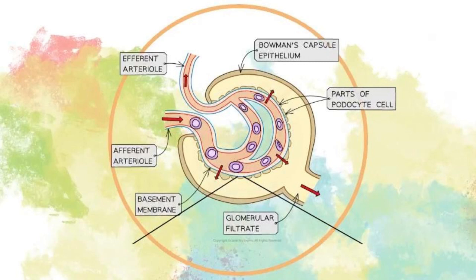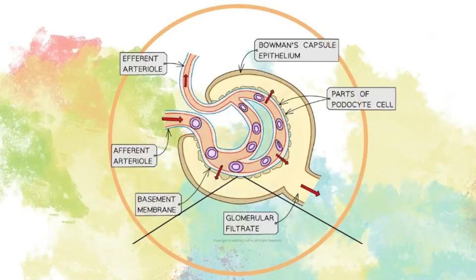The Bowman's capsule cell layer is made of epithelial cells, and these have many tiny projections with gaps in between them, and these are called podocytes. So this is the irregular shape that you see on the diagram. It's not a smooth line like you see for the cell layer of the glomerulus. It's more bumpy, and these are called the podocytes.